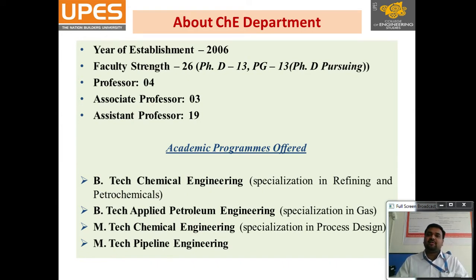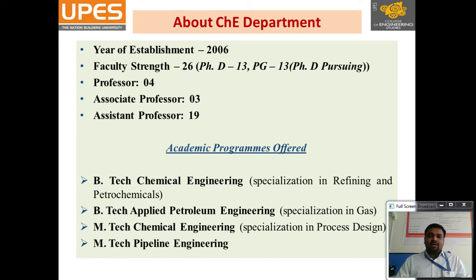If you look at the educational background of the faculty, they are highly qualified, from universities like University of Notre Dame, University of Massachusetts, University of Berkeley, University of Saskatchewan. On the Indian side, we have faculty who graduated from IITs, NITs, and various government universities. This is the strength of the department, which has a good name among the various students who opt for UPS as a place to study.